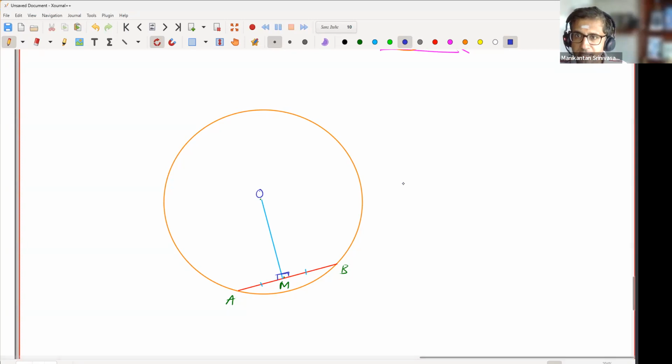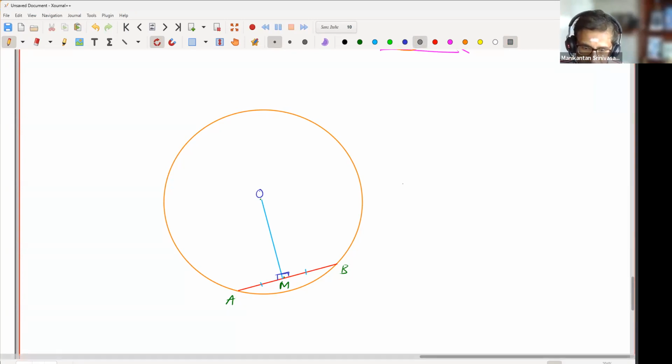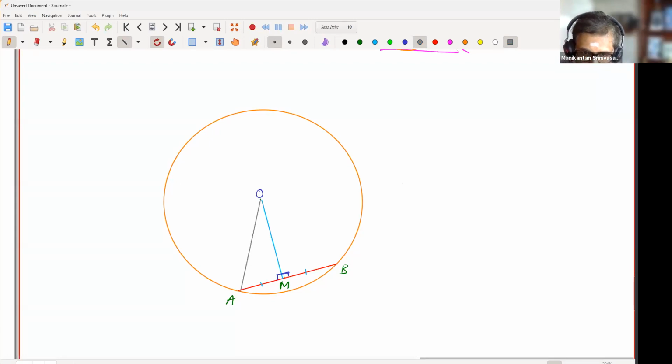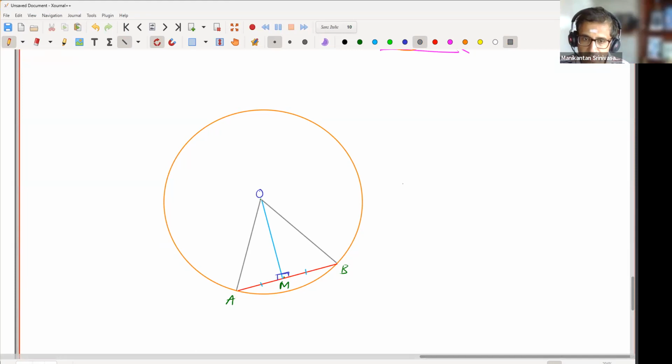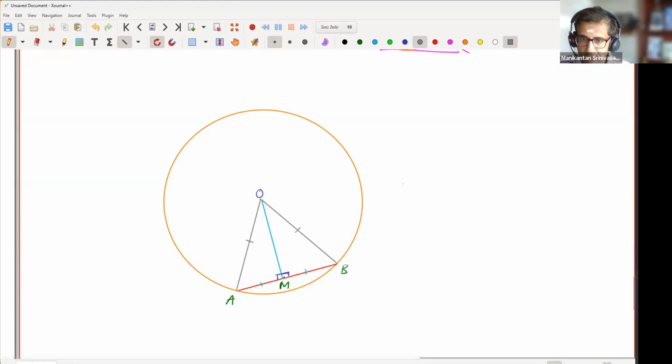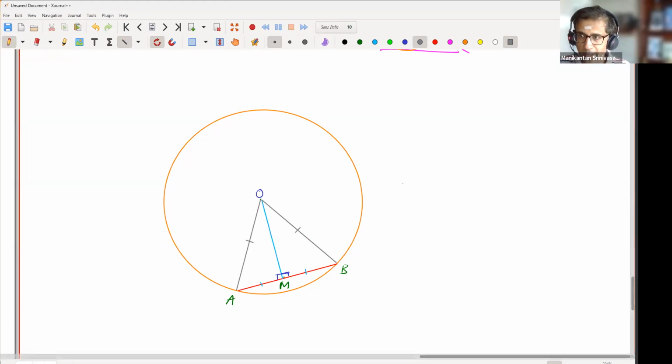That's something that can be proved very easily. If I have OA and OB, you can see that these two triangles are congruent. Why? Because OA is the same as OB, OM is the common side, and AM equals BM.